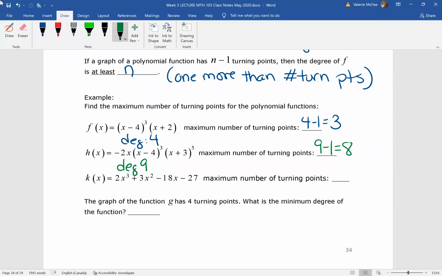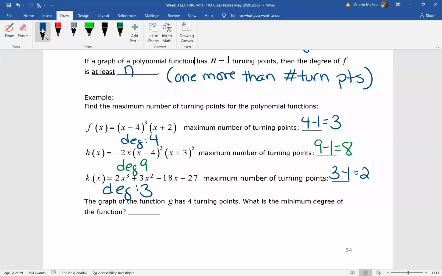We saw that the h of x has a degree of 9, so the maximum turning points is 8. What about for the k of x? I hope you weren't fooled by this one. This function is already opened. It's in standard form. The degree is its highest power, or 3. So therefore, it has a maximum of 2 turning points.